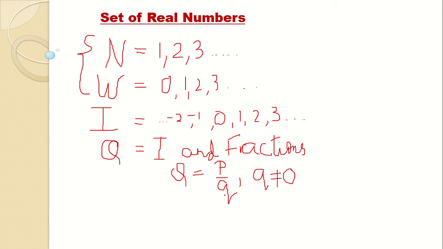Why? Because we cannot have 0 in the denominator. If you have denominator 0, your answer would be infinity or not defined. So understand the definition of rational numbers. Any number that can be represented in P by Q form where Q is not 0 is called a rational number.